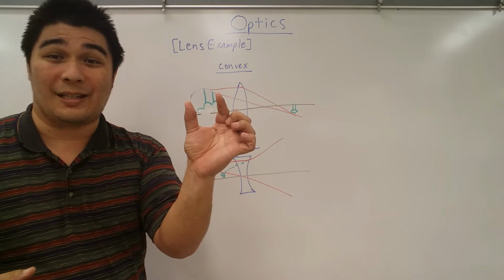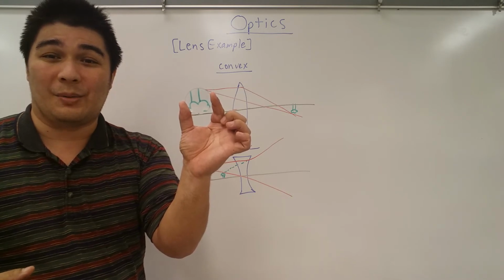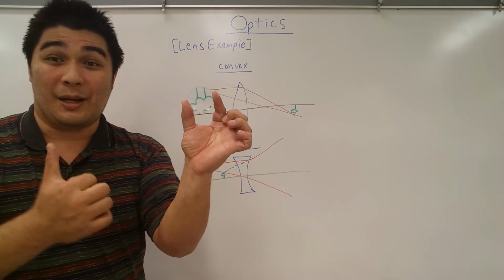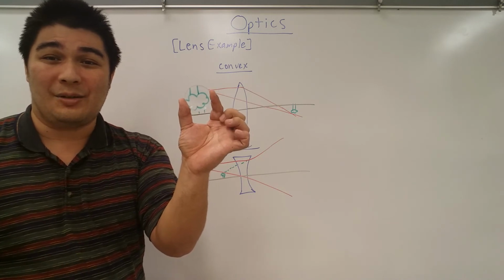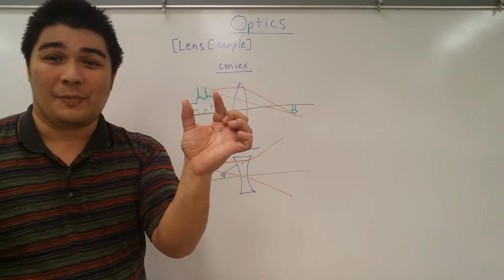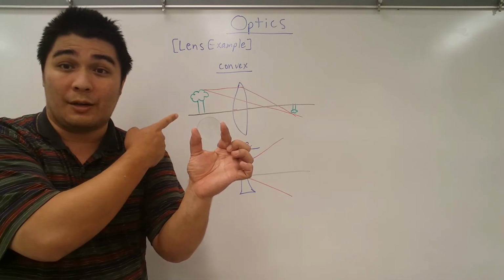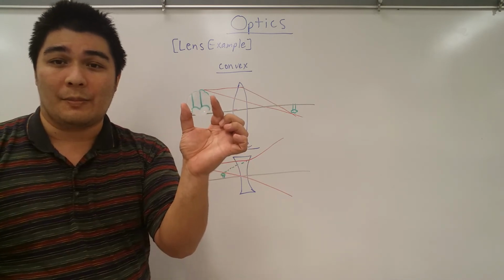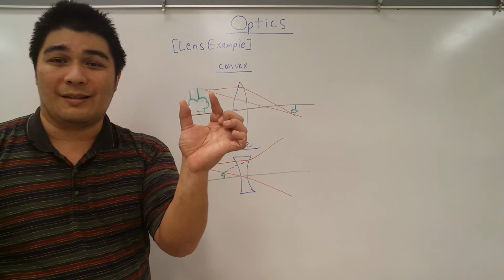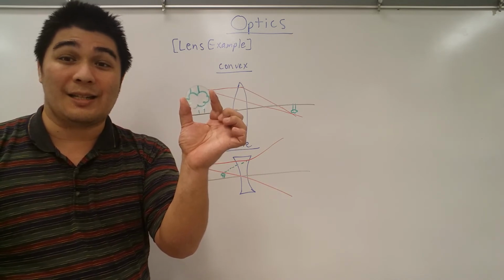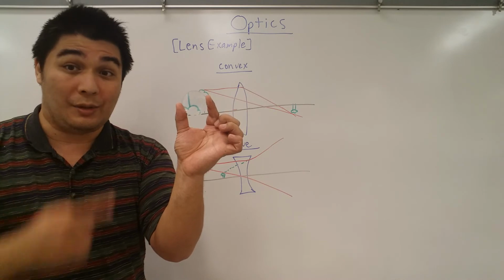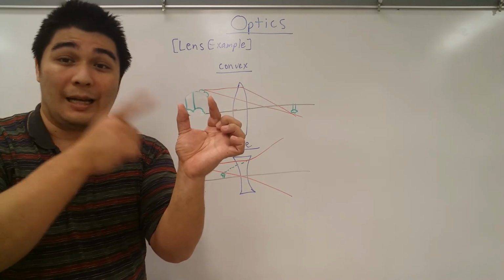Sorry, I apologize, this is all kind of mirrored for me, so I think it should go this way when I really should be going this way. So as you can see, the tree is upside down. However, if I'm using this one right here, it is right side up. So that's why this lens is converging, because the image through this is inverted.